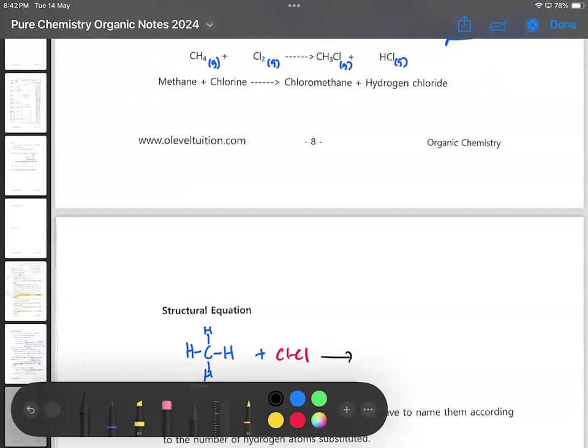After they react, in a substitution reaction, there is a one-for-one exchange between the chlorine and the hydrogen. So this will accept the chlorine.